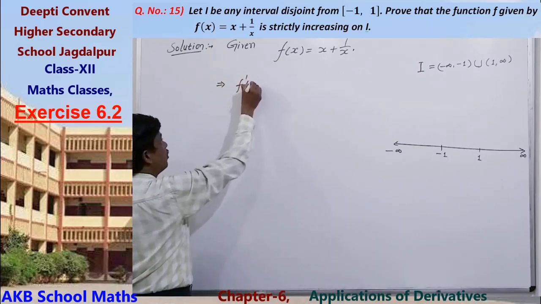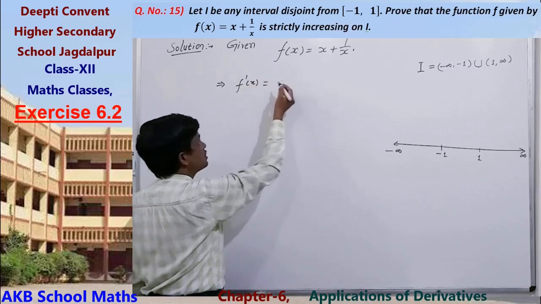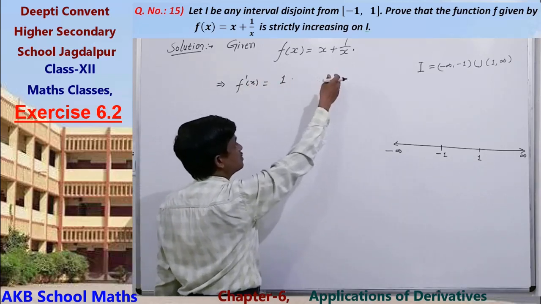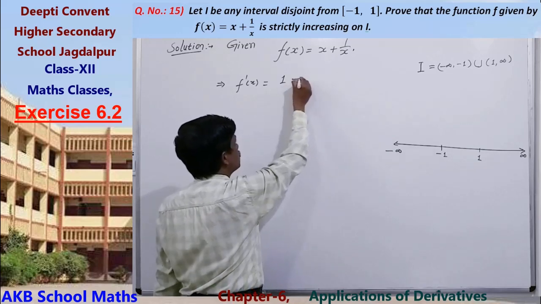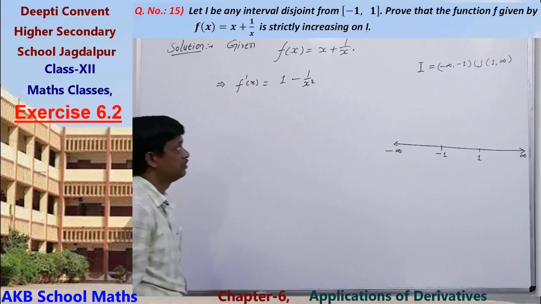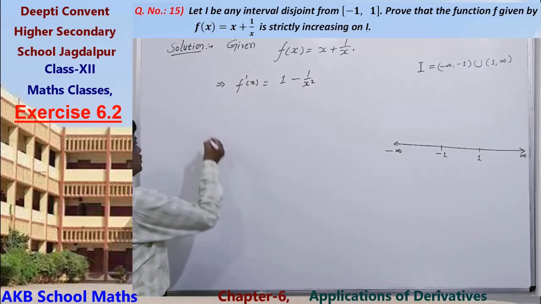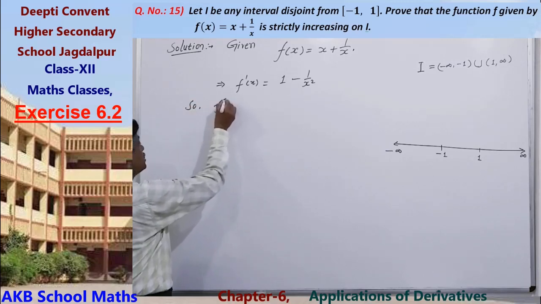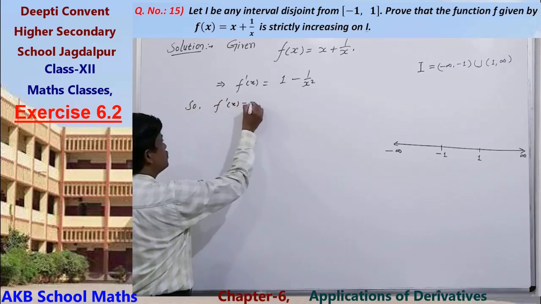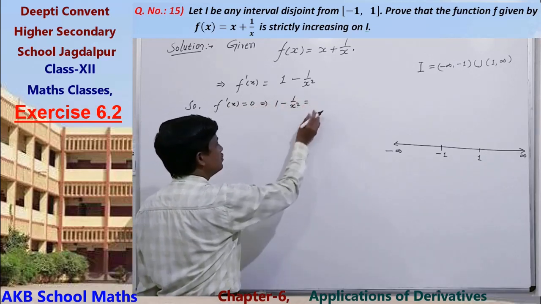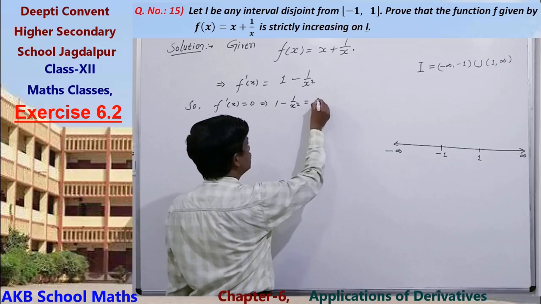Find the derivative of the given function f(x): f'(x) = 1 - 1/x². This is the derivative of the given function. So f'(x) = 0 implies 1 - 1/x² = 0.